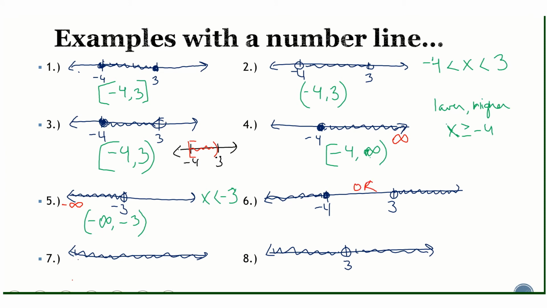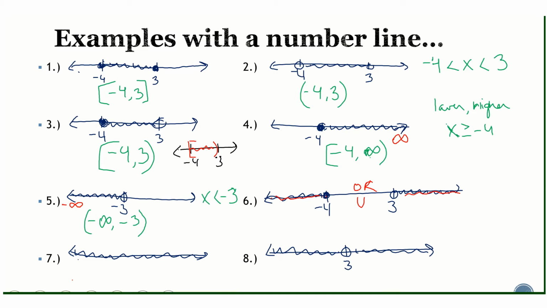Your X value could be over here, or it could be over here, but it can't be in both places at once, because there's no number that would be in both places at once. So this is expressed with two intervals and a union symbol between them. We don't do a whole lot with set theory in Algebra 2 or in math in general.